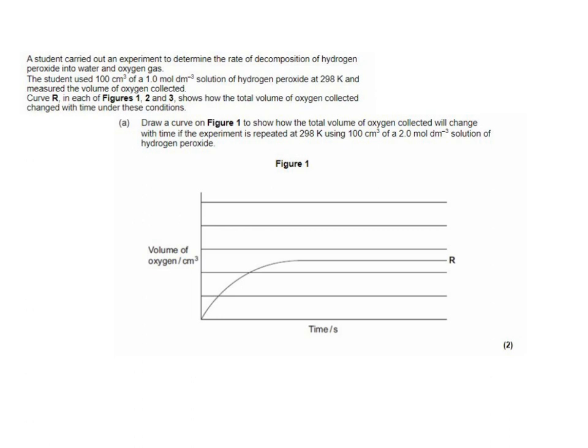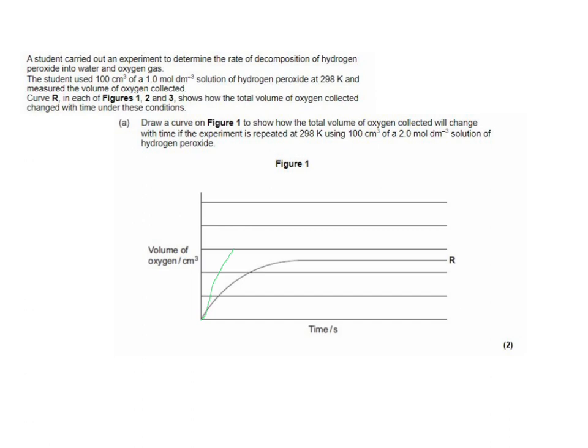But if we've doubled the concentration, we would expect the rate to increase. So we'd expect a steeper line at the beginning. So I'm trying to start from 0, 0, and we would expect a steeper line. Now, before I finish my line off, we also need to think about how much oxygen is going to be produced. Well, if there's 2 times as many moles of hydrogen peroxide in the same volume, then you've got more molecules of hydrogen peroxide that are going to decompose.